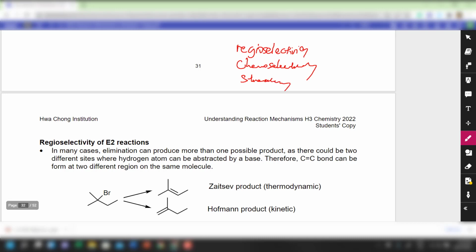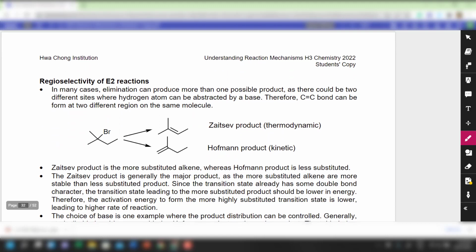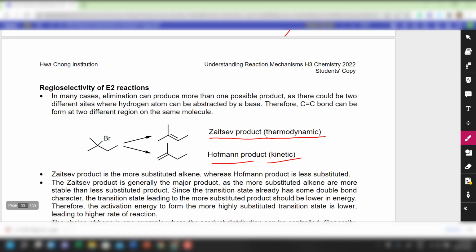Okay, so for regioselectivity, we are looking at two potential elimination products, and then which product is more preferred. Yeah, so of course if you are getting the thermodynamic product, we will call this the Zaitsev product. If you are getting the kinetic product, this will be called the Hofmann product. Yeah, so where will the H be removed from this particular substrate?